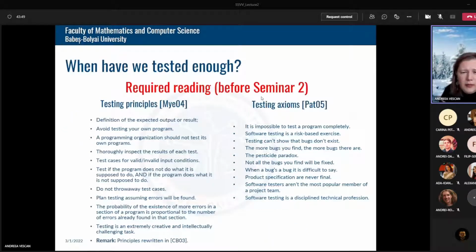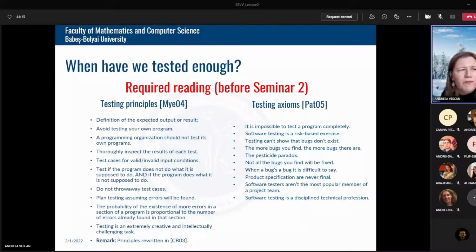These are the required readings that I told you about at the start of the lecture today. There are some testing principles and testing axioms, with some pages to read about. So, for example, the pesticide paradox, why it's important not to throw away test cases, and so on. I invite you to just read a few pages about this, and we're going to talk about this in the second seminar.